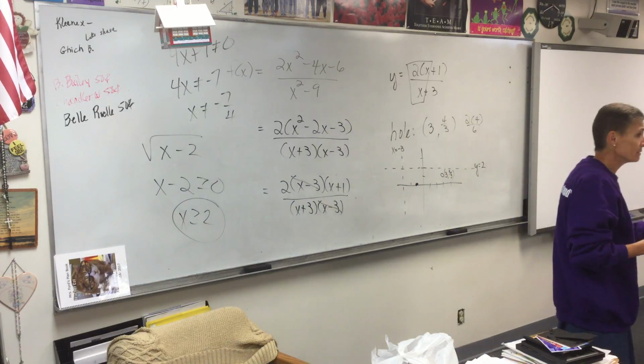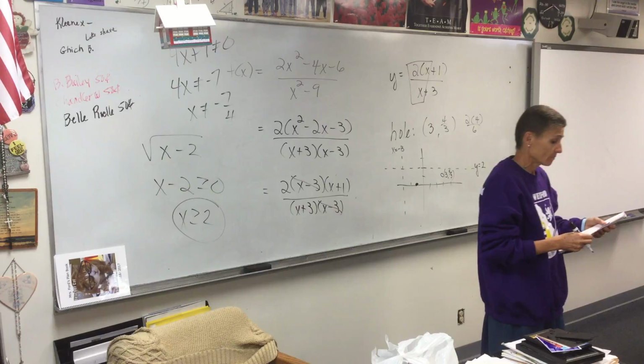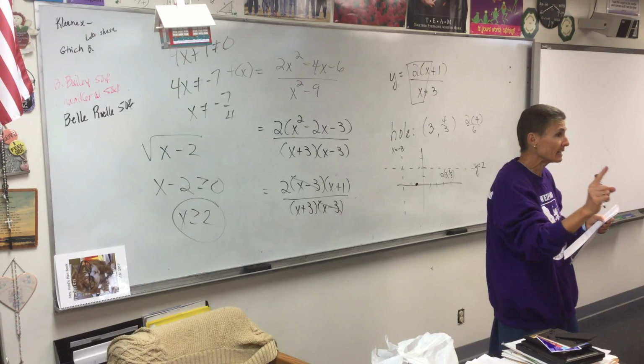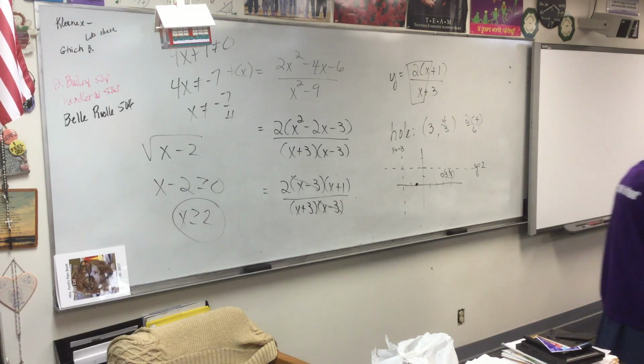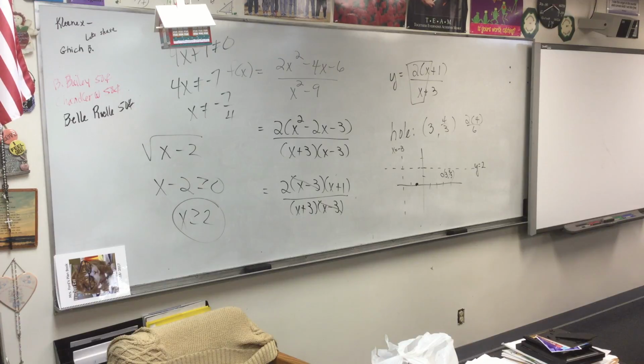How about number 3? X cannot equal -2. X can't be negative 2, but there's more. There's no issue with a 0 up top. What is there an issue with? A radical. What do we know about radicals?